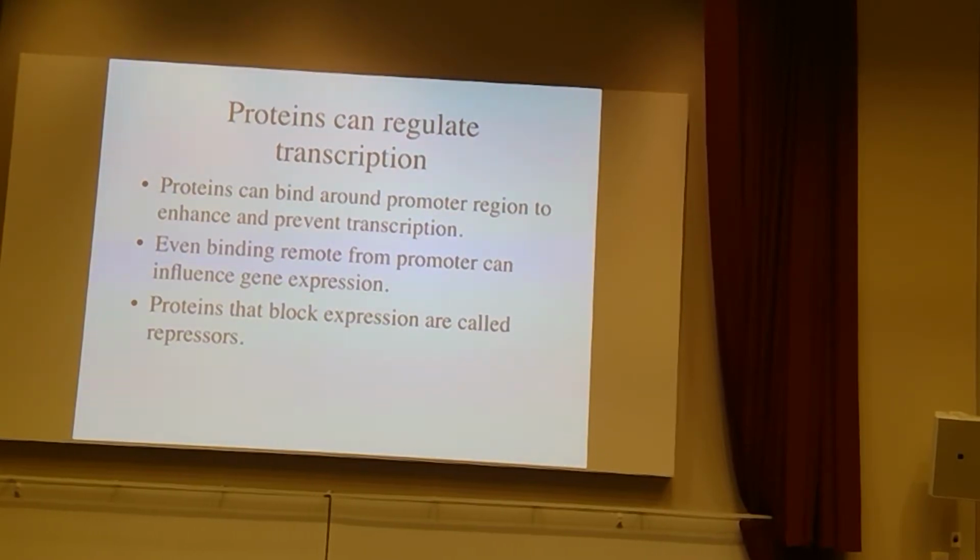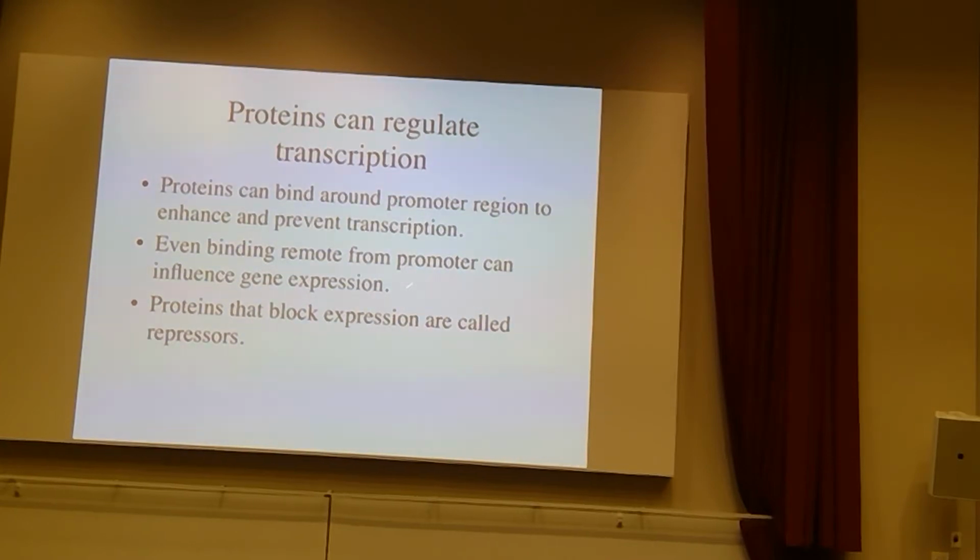Because under some circumstances, we want some mRNA, we want some protein expressed as the cell responds to different conditions. So we need regulatory elements that are around that promoter. Sometimes they're quite close by, and actually sometimes the binding of protein factors, even fairly far from the promoter, can alter the ability of the polymerase to sit down in front of the start site for mRNA synthesis, and we call these factors, these proteins, transcription factors.